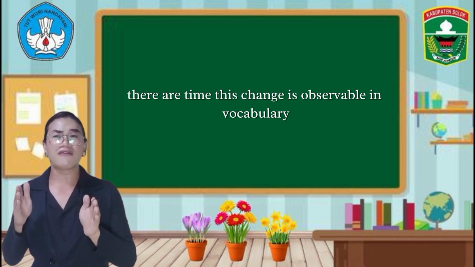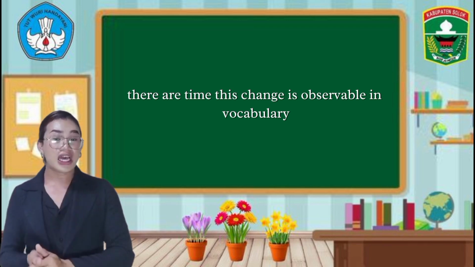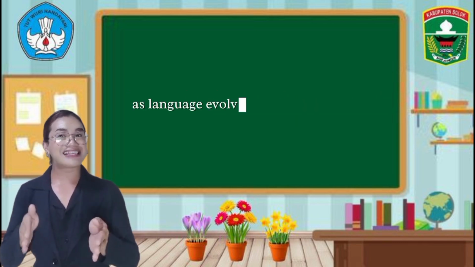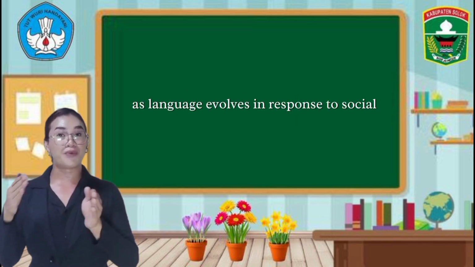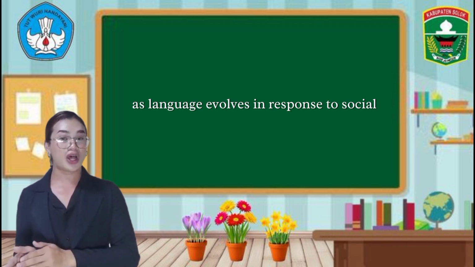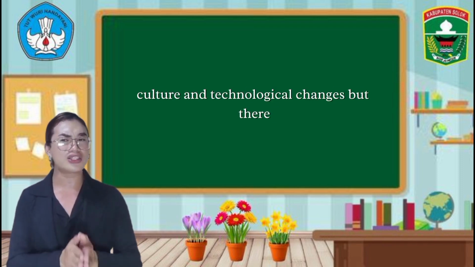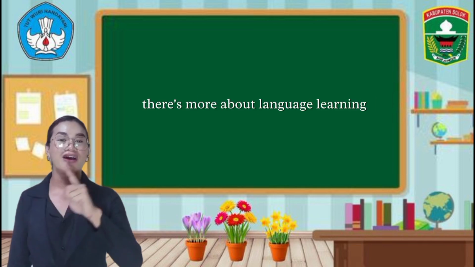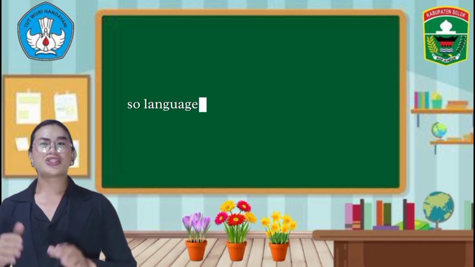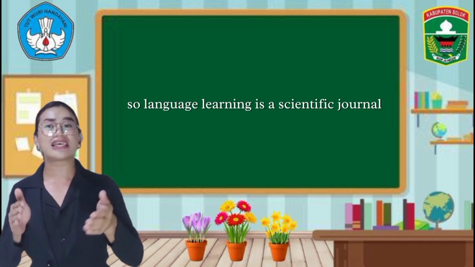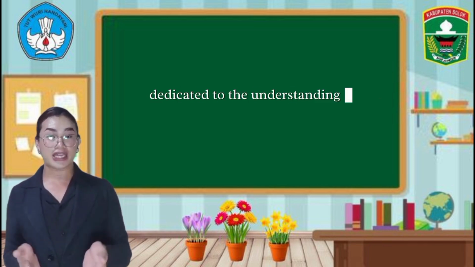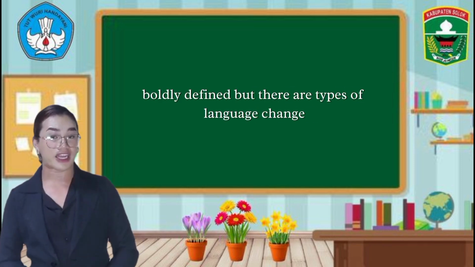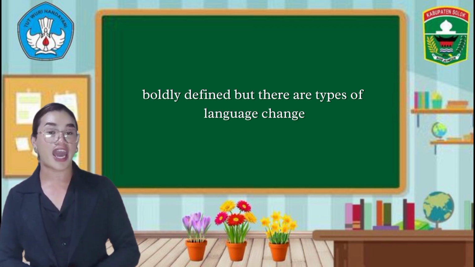This change is observable in vocabulary, pronunciation, and grammar as language evolves in response to social, cultural, and technological changes, but there's more about language learning. Language learning is a scientific journal dedicated to the understanding of language learning broadly defined.